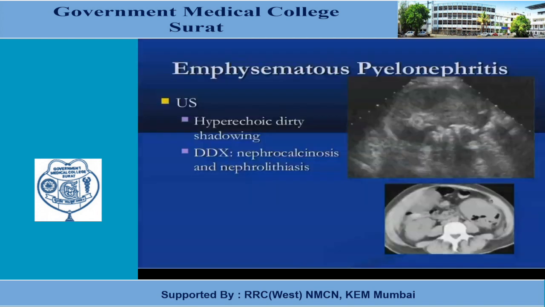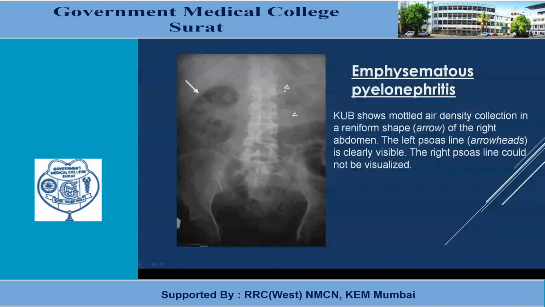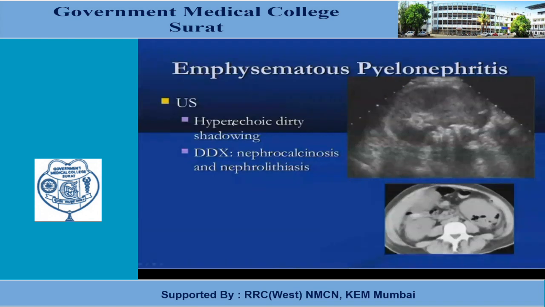You can also see the right psoas shadow, and this is obscuring the right psoas shadow because of emphysematous pyelonephritis. On ultrasound, you can see dirty echoes giving posterior shadowing at the posterior cortex, suggestive of emphysematous pyelonephritis.